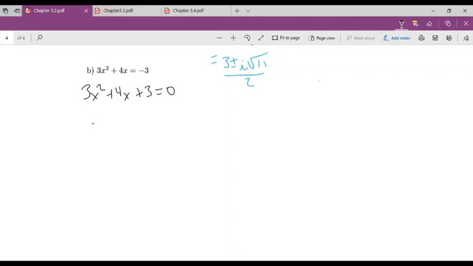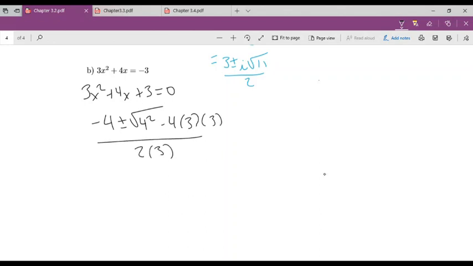Okay, now we're looking at negative b plus or minus the square root of b squared minus 4 times a times c all over 2 times a, which is 3.